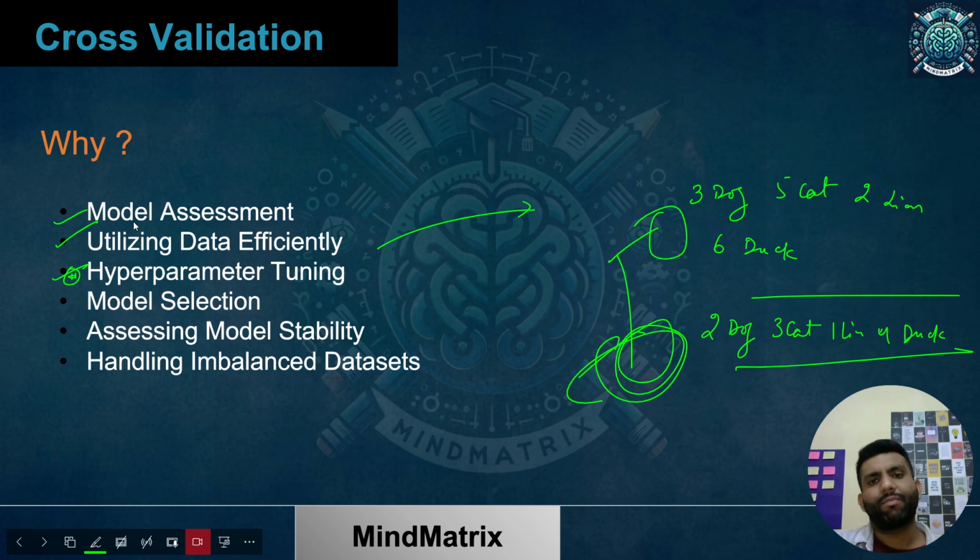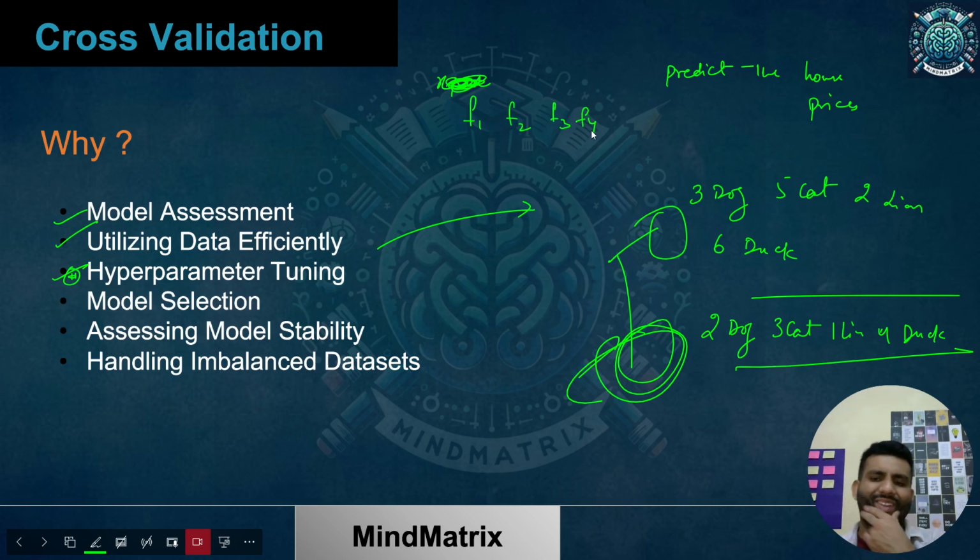Just one simple example: you would like to predict house prices, and let's suppose there are 2, 3 parameters associated with it. Let me write it as feature 1, feature 2, feature 3, and feature 4. Something like this I'm having.